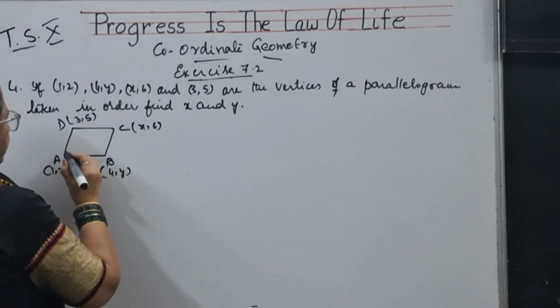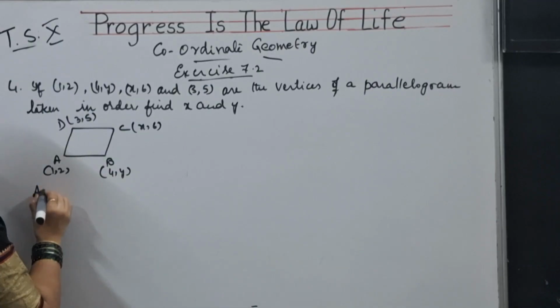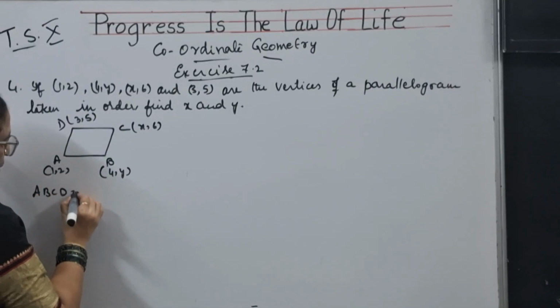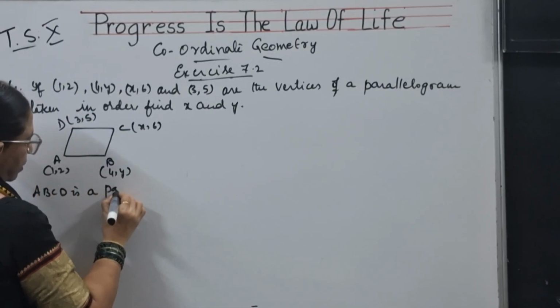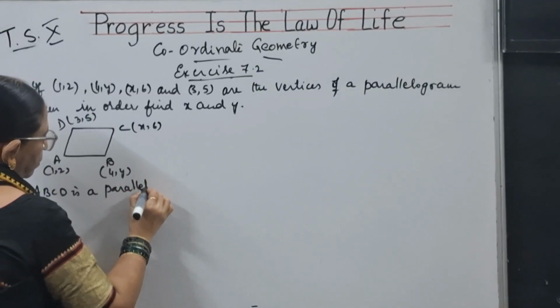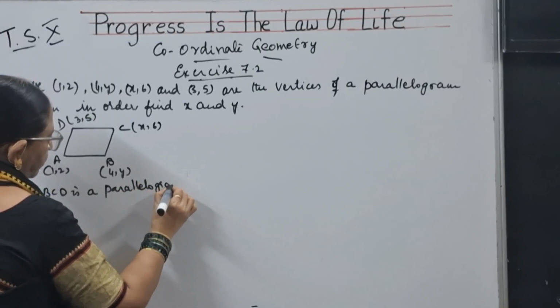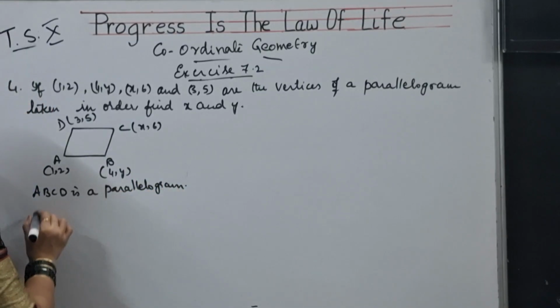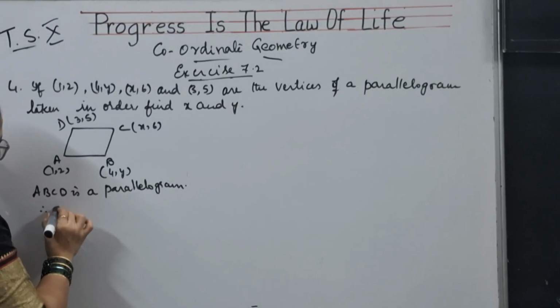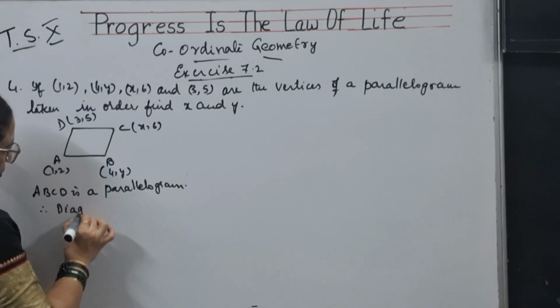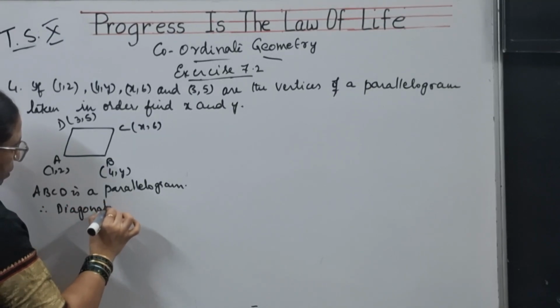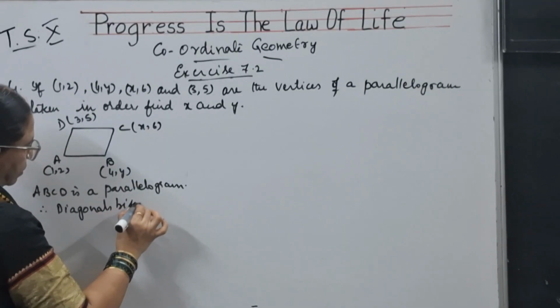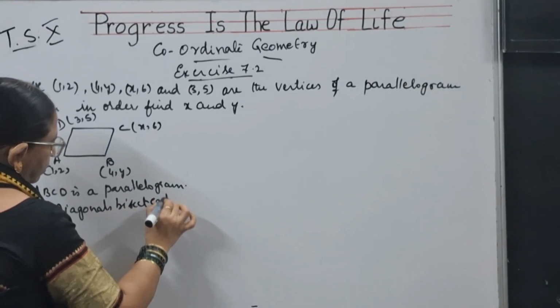Now they said that ABCD is a parallelogram. If ABCD is a parallelogram, therefore what we'll say? Diagonals bisect each other.